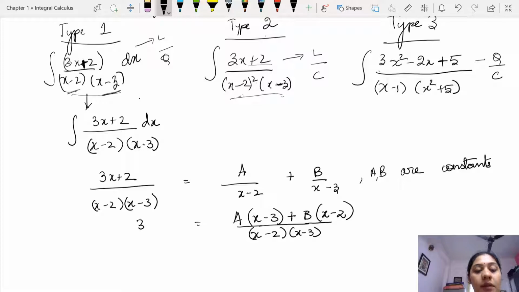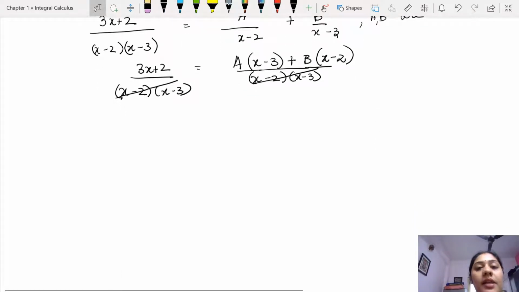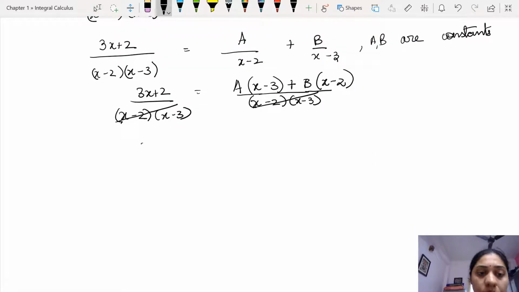On this side we have (3x + 2) divided by (x - 2)(x - 3). On both sides I cancel the (x - 2) and (x - 3). So I'll be left with 3x + 2 = A(x - 3) + B(x - 2).